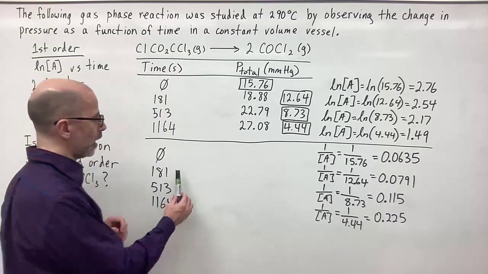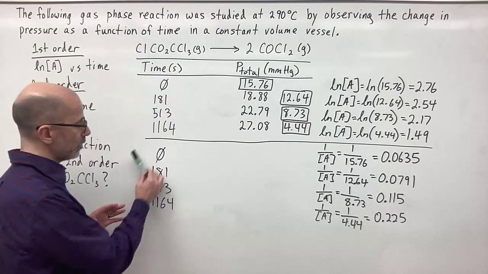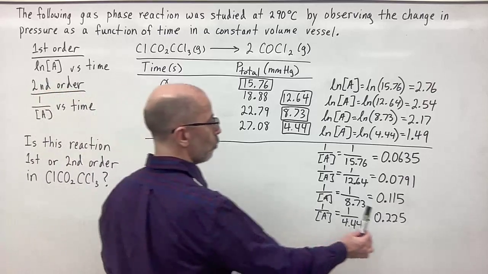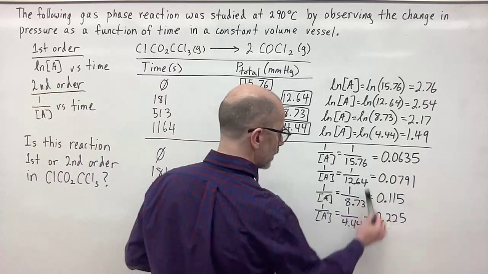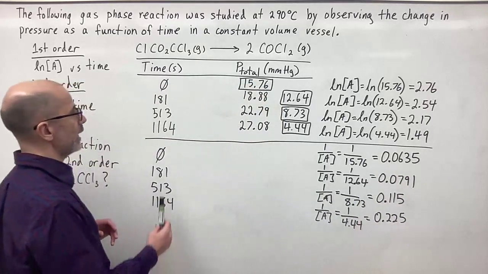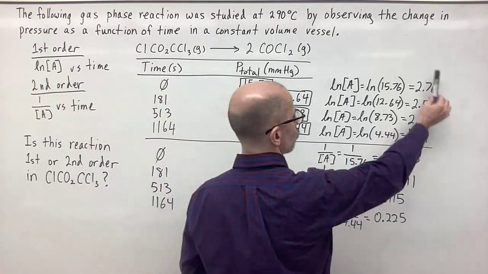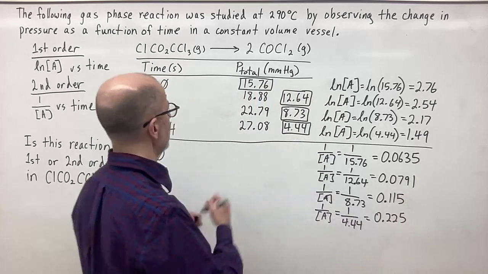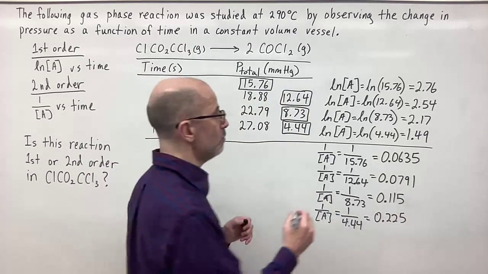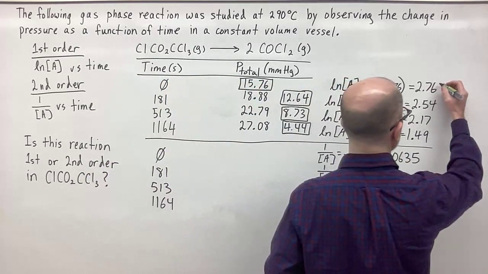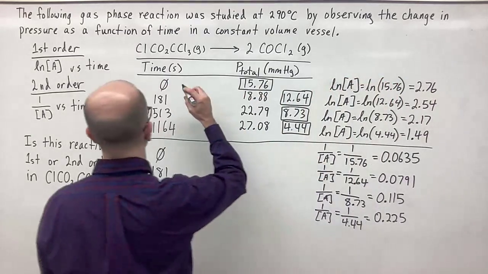So I would plot time versus 1 over the concentration, and I would plot time versus the natural log and see which one. And again, just to be clear, this is first order. So here, I'll write it over here.